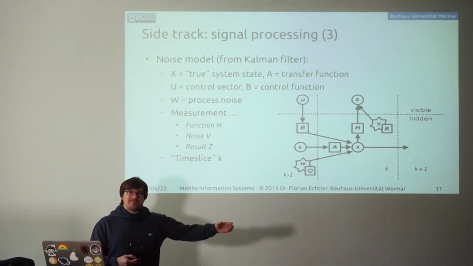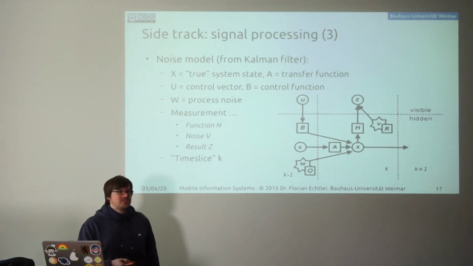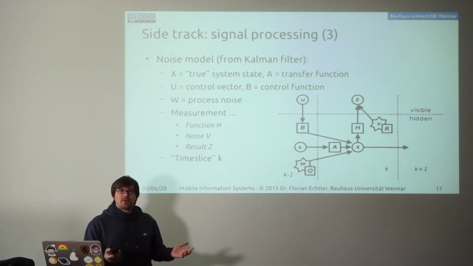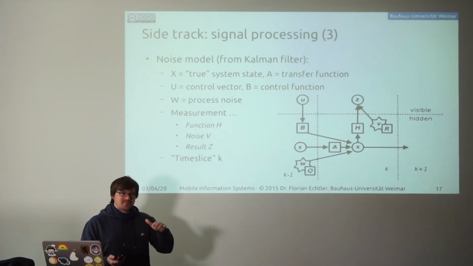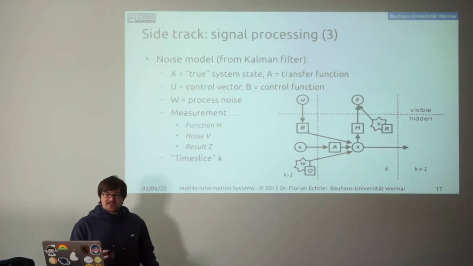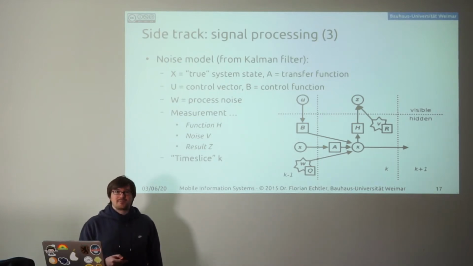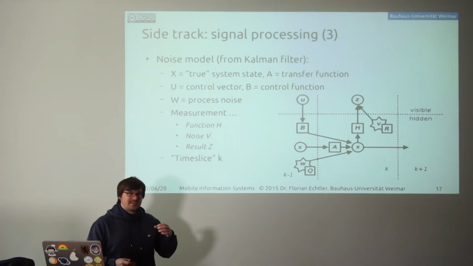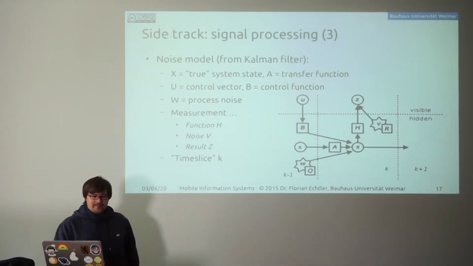And if I move my device faster than 2g, then the value will just be clipped. So the maximum is 2g and it will stay there. That means this function H here introduces, for example, this clipping into the actual measurement that I get to see. So I only see a value of exactly 2g, even though the actual acceleration is higher.